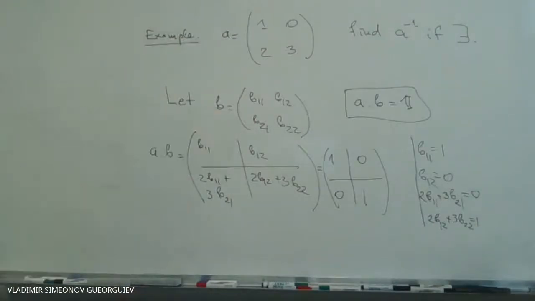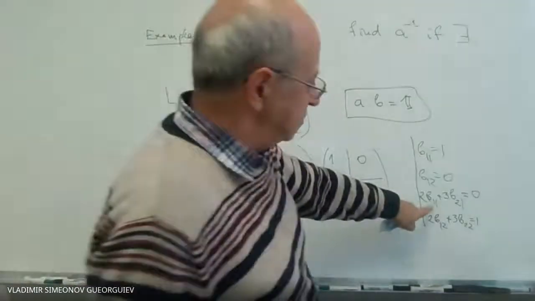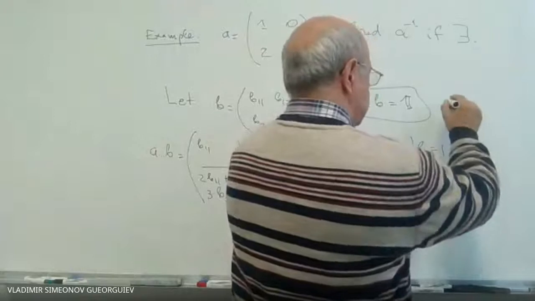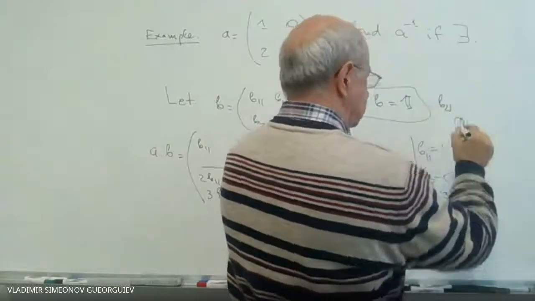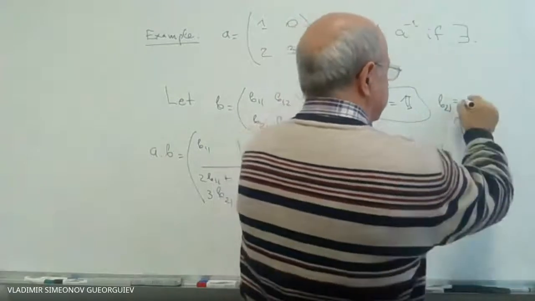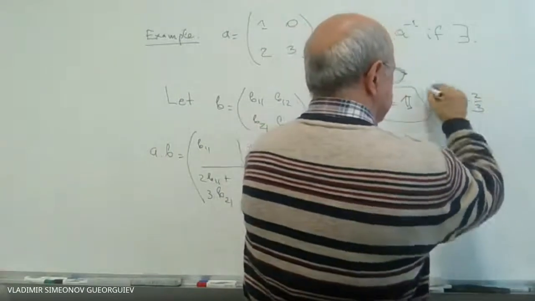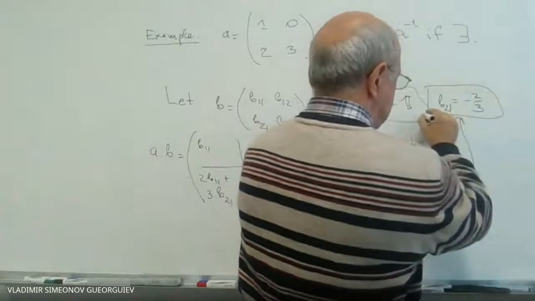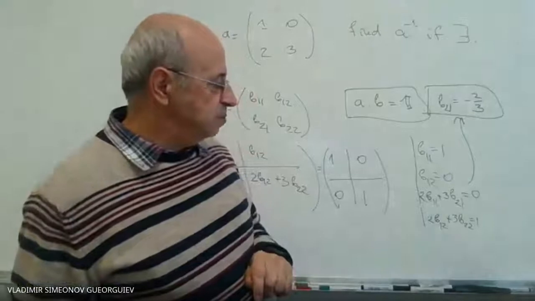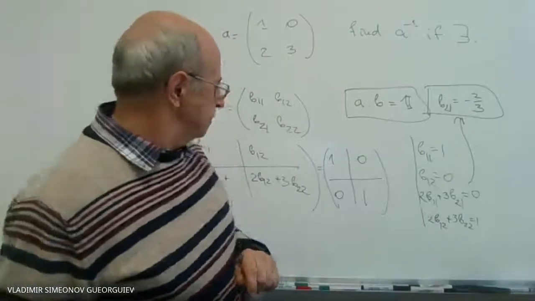The first two equations involve B11 and B12. From the third equation, we already know that this is 1. So from this, we find B21 is equal to minus 2 over 3. In this equation, I know B11, then I can find B21.